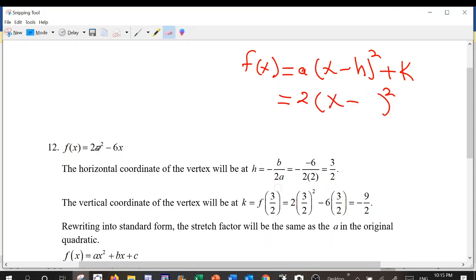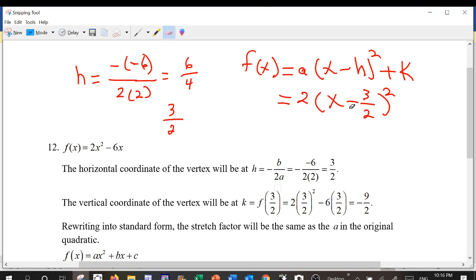So we don't know what h is. Well, h is negative b over 2a. What is b? Negative 6. What is a? It's 2. So that is 6 over 4, which is 3 over 2, so this is 3 over 2.